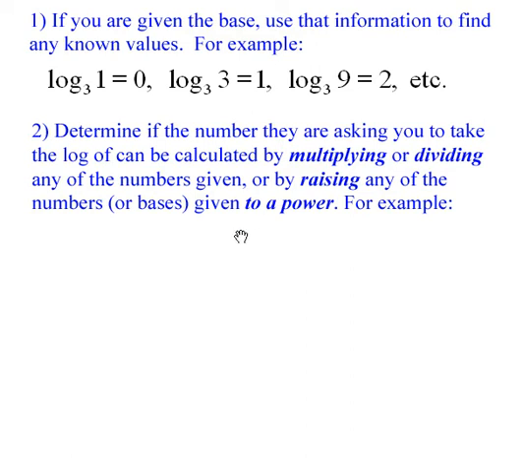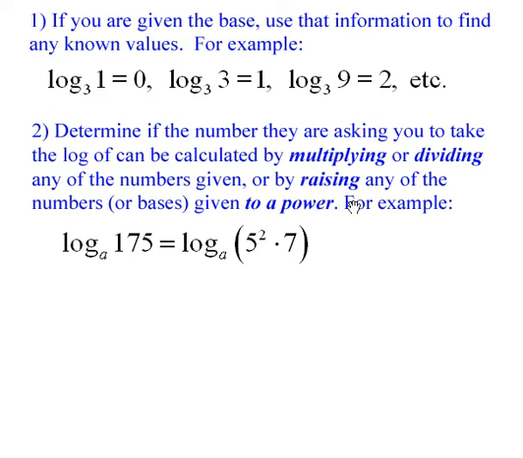So again, since the three properties of logs involve multiplication, division, and exponents, if they ask you to find something like the log of 175 to any base, we have to think of how we can recalculate 175 using the numbers 5 and 7 and involving the operations multiplication, division, or exponentiation, which is another way of saying raising it to a power.